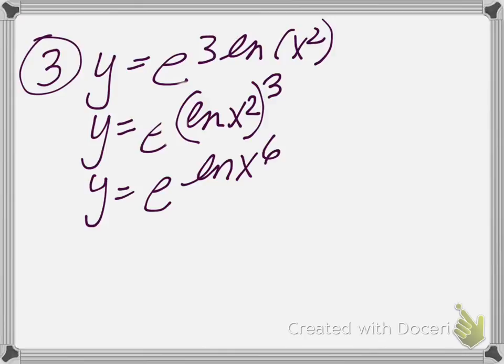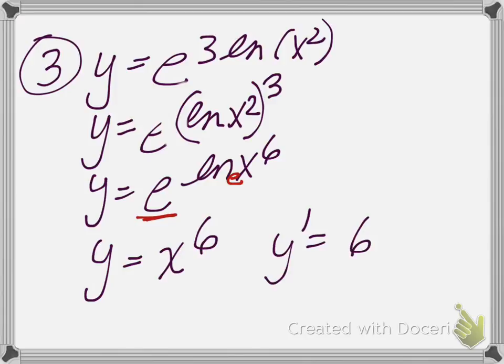So 2 times 3 is 6. Now I can use the rule. Base of e here, base of e here. So the whole thing equals x to the 6th. And that's the derivative. Okay, number 4.